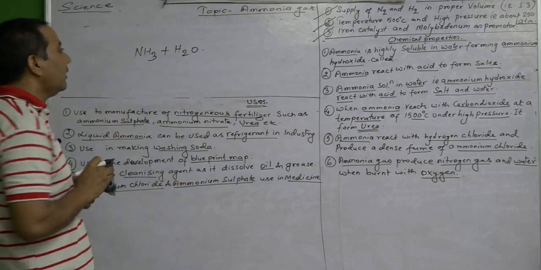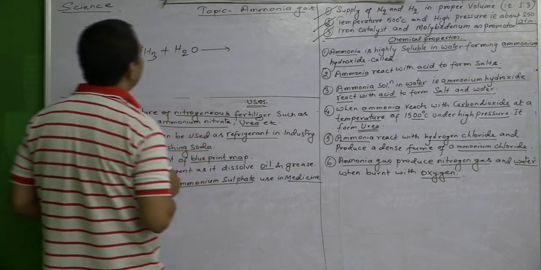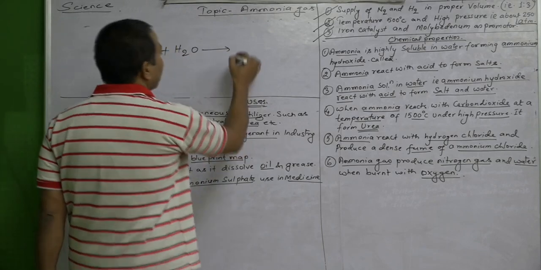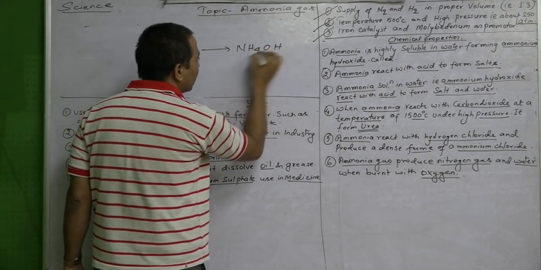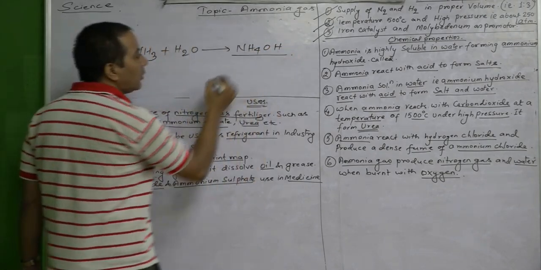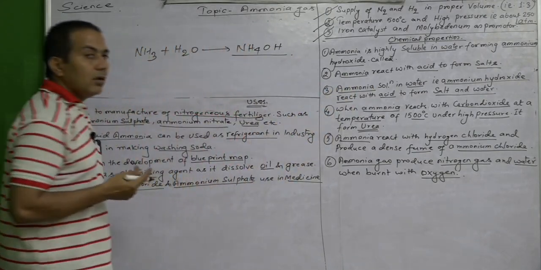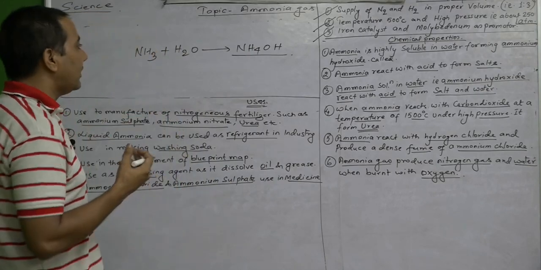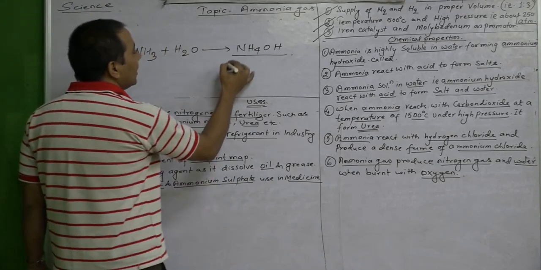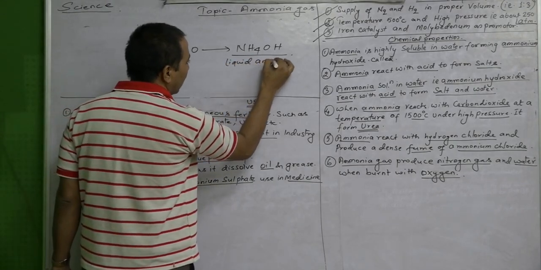We did not keep the water. So what will it form then? It will form ammonium hydroxide, NH4OH. It is also given another name, that is liquid ammonia.